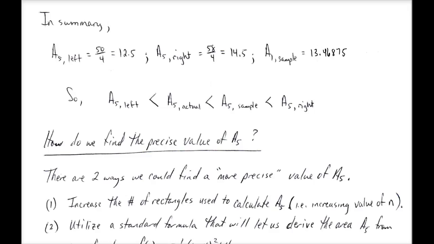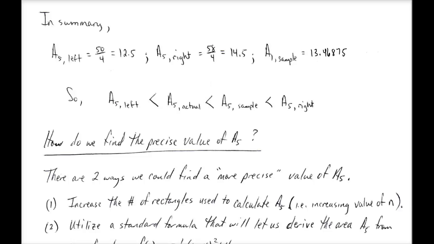So in summary, we see that we have the area for A5, the left endpoint estimate is 12.5, the right endpoint estimate is 14.5, and we see that if we do the sample estimate, then that actually ends up being 13.46875.